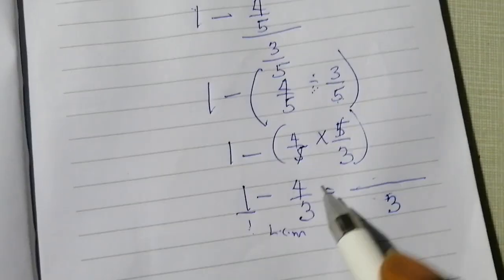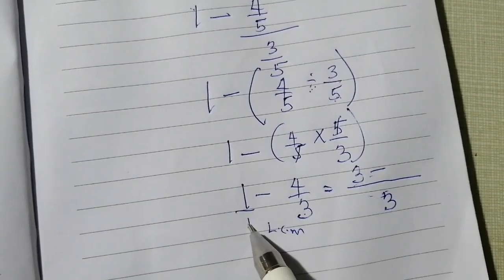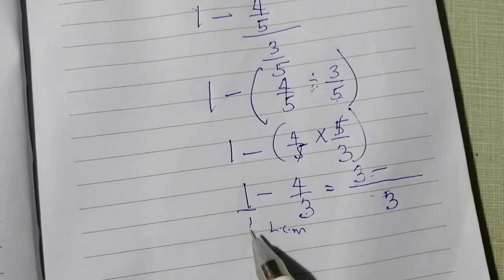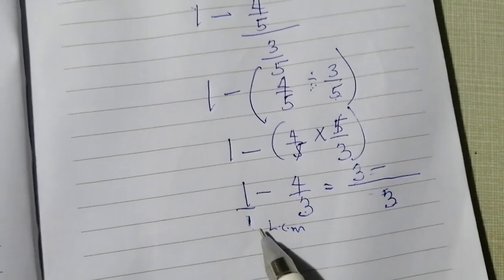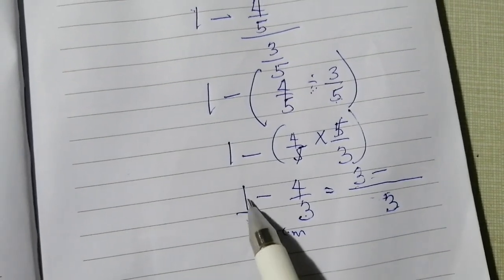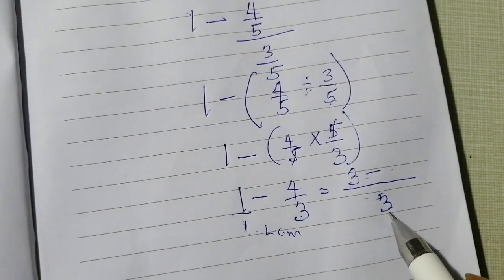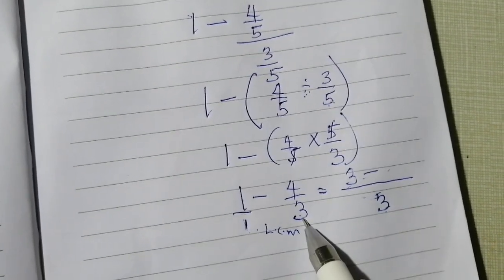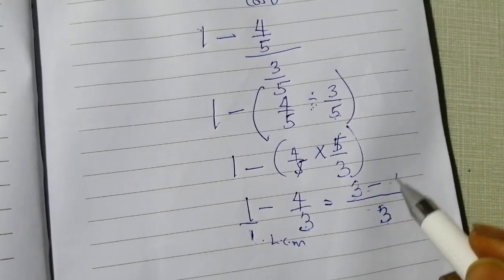3 times 1 will give you 3. For the next one, you have 3 divided by 3, which is 1. 1 times 4 is 4.